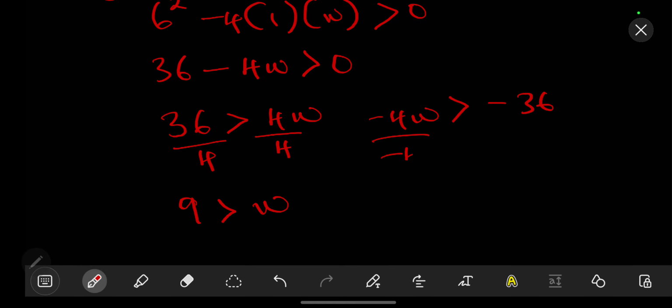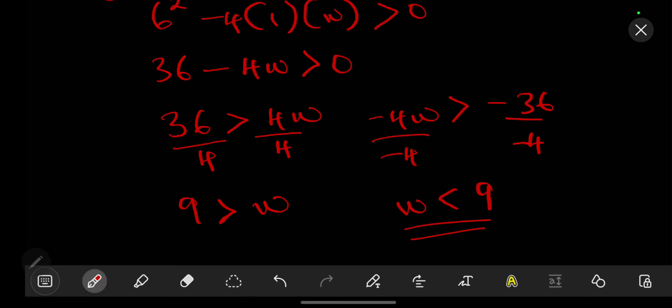If you divide by negative 4, it will be w. Then since you're dividing by a negative, it will change direction and say 9, which is the same. When you say 9 is greater than w, or when you say w is less than 9, it's still the same.